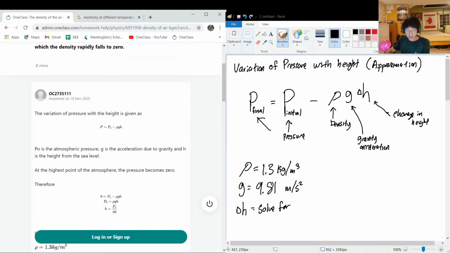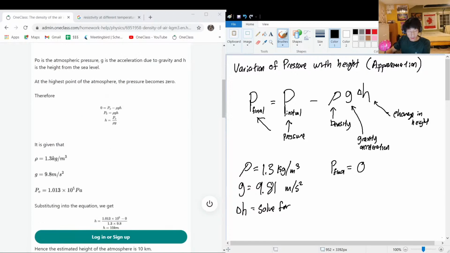Okay, so our final pressure, our P final, is going to be 0 pressure. And I think our initial pressure is the sea level air pressure.